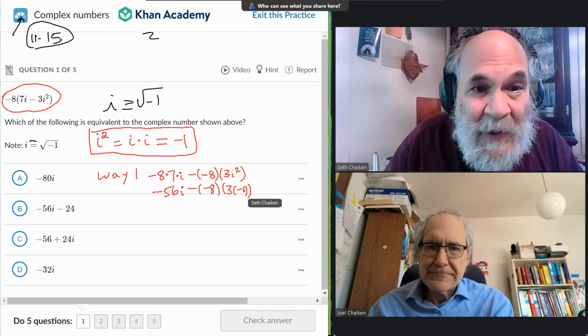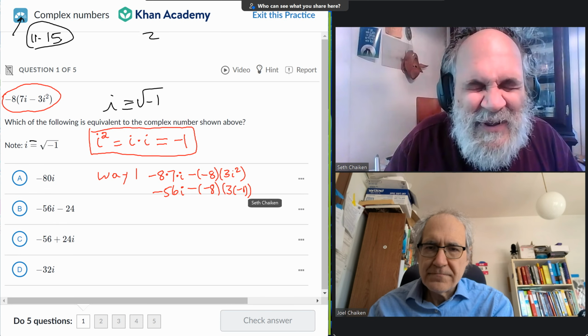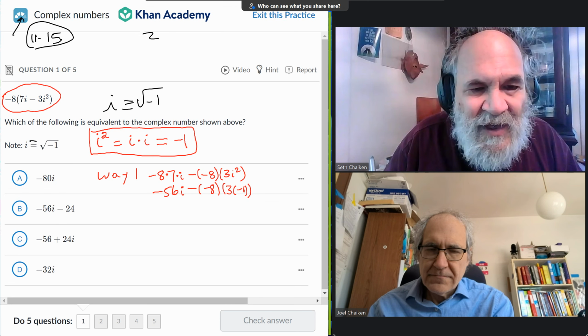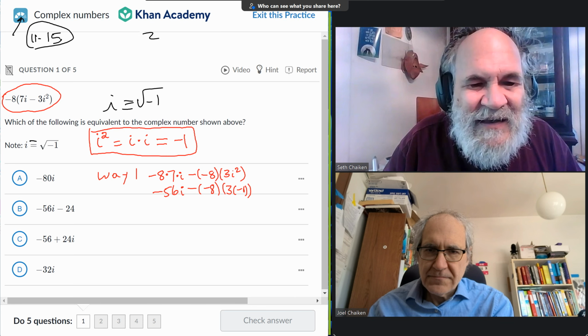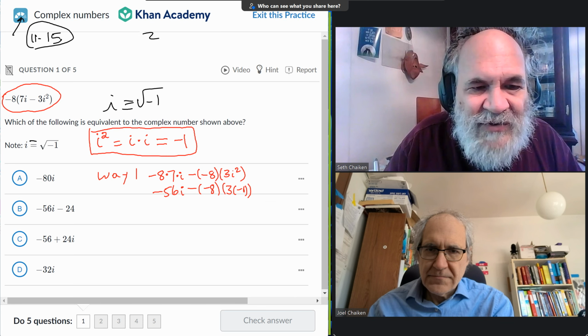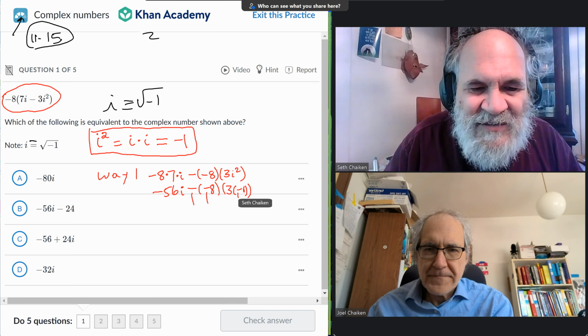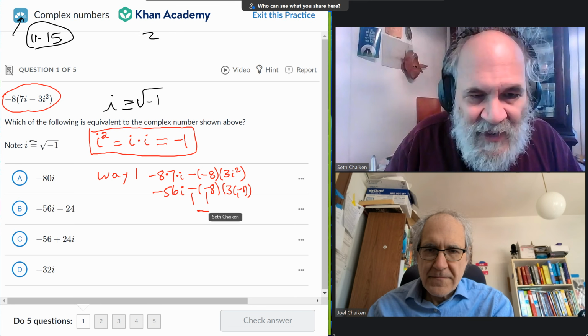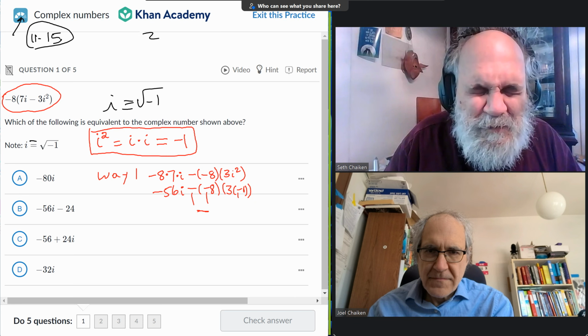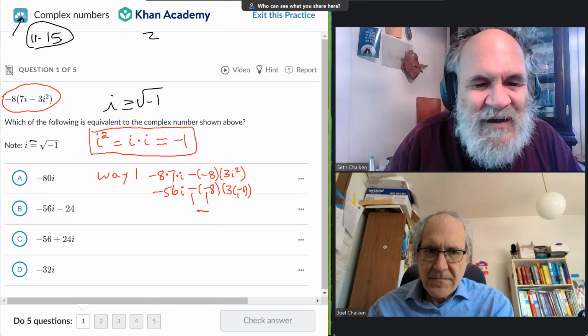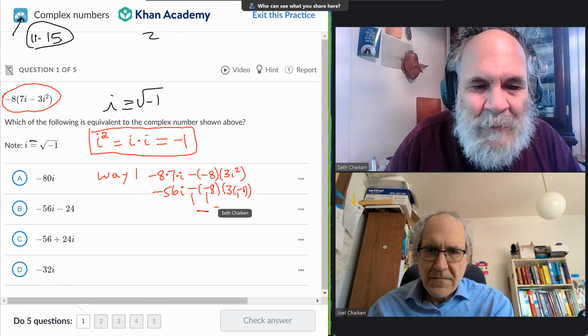This is pretty complicated on the right, but an easy way to handle it is that you see there are 3 minuses multiplied together. So the answer is minus the product of the positive numbers, 8 times 3, which is 24.